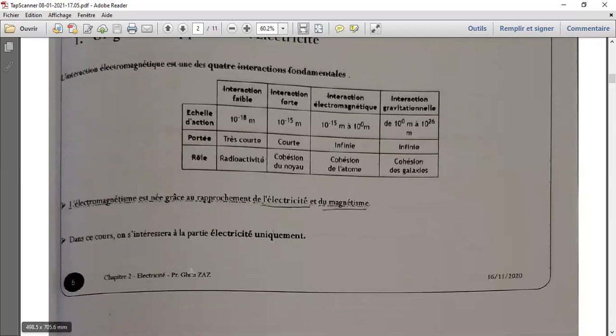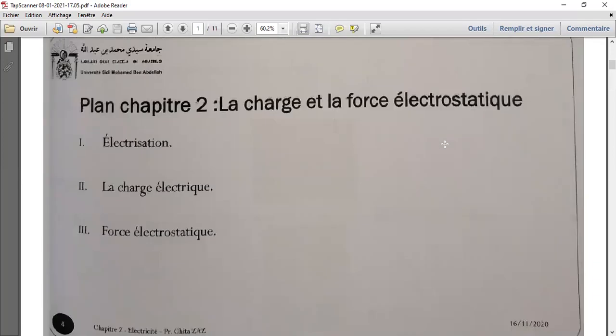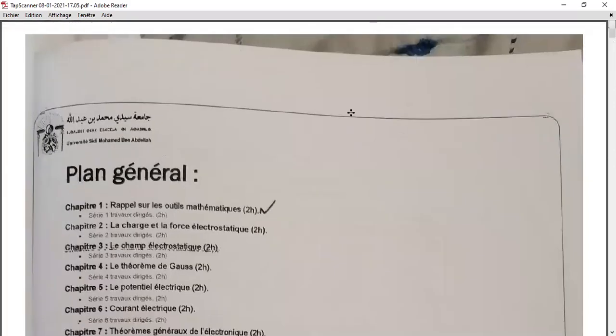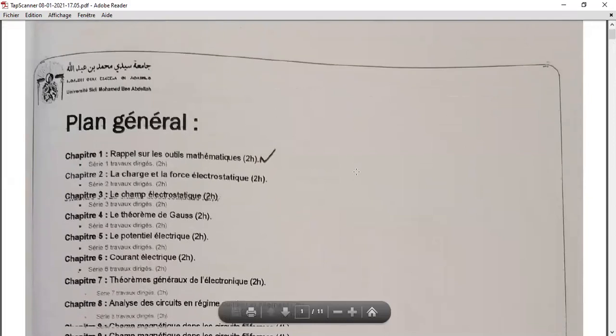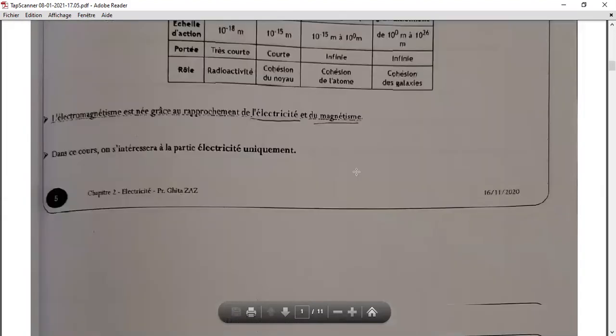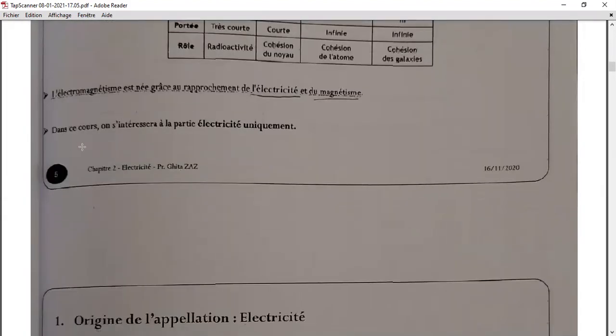Then it continues here saying d'un seul coup, on s'intéressera à la partie électricité uniquement.